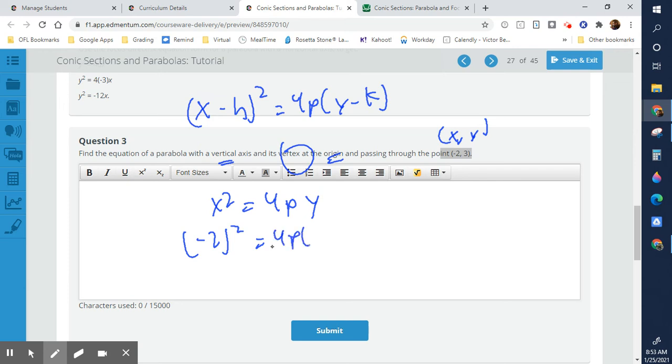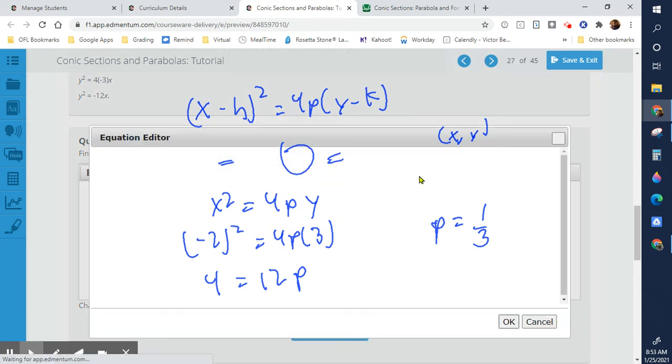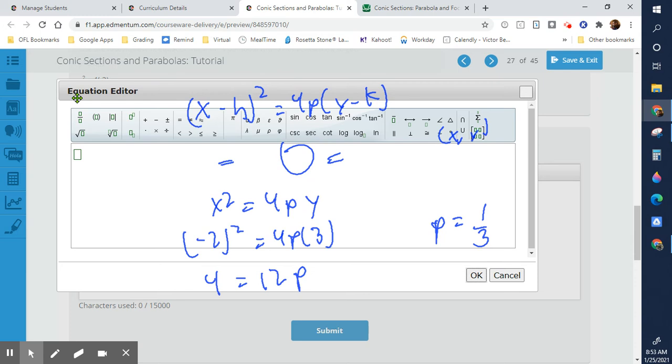4p times 3. So we're going to get positive 4 equals 12p. So this is going to give us a p that's a fraction, and that fraction is 1/3. So our p is 1/3. So let's graph this out. Again, it is the origin.